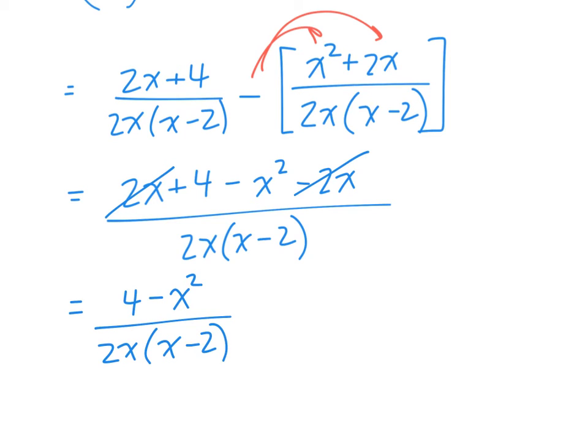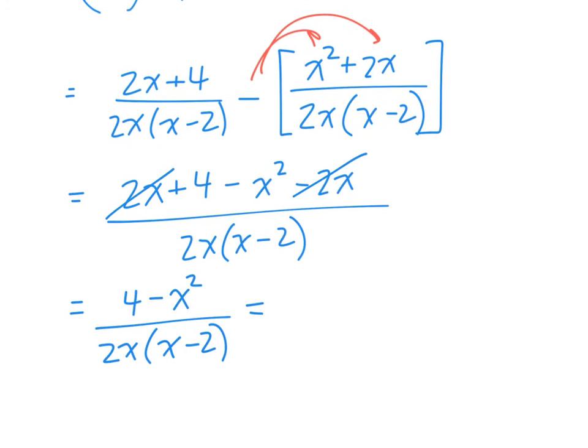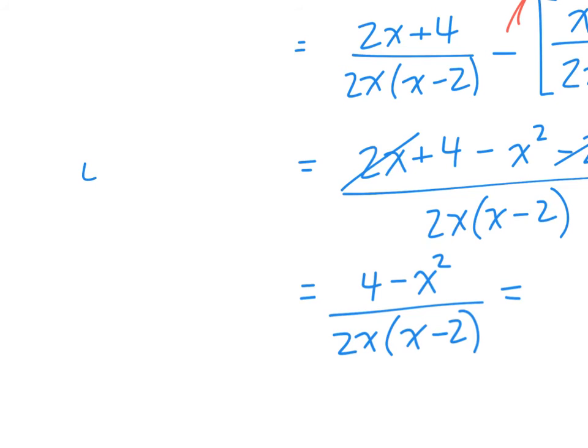4 minus x squared looks very interesting. It looks like something I could factor if it were in the right orientation. So what can I do to change it to something maybe like x squared minus 4? Do you want to move the negative x squared and the 4, or do you want to take out the negative 1? Both. We need to do both. Yes, good.